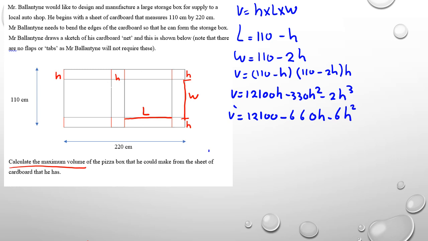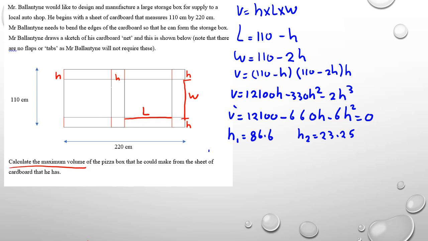Because I'm finding the maximum, I need to find the turning points, and to find the turning points I need to make the differentiated function equal to 0. Solve. Again you can use your calculators. So the first value of h is 86.6. The second value of h is 23.25.